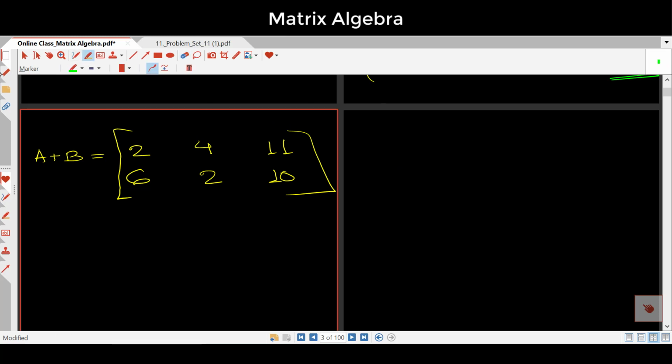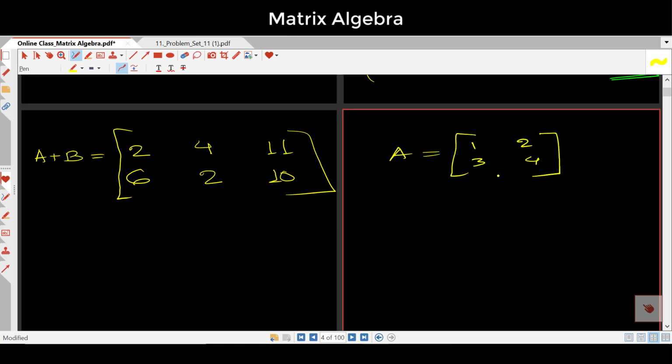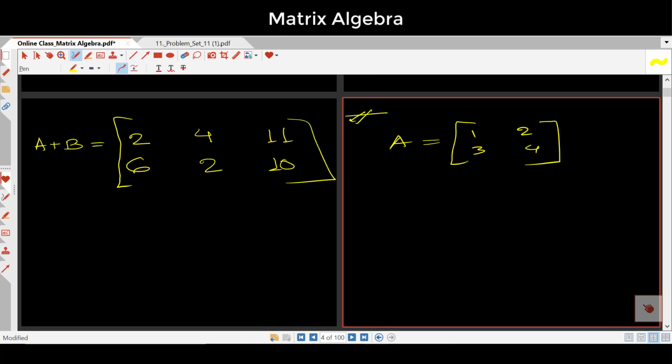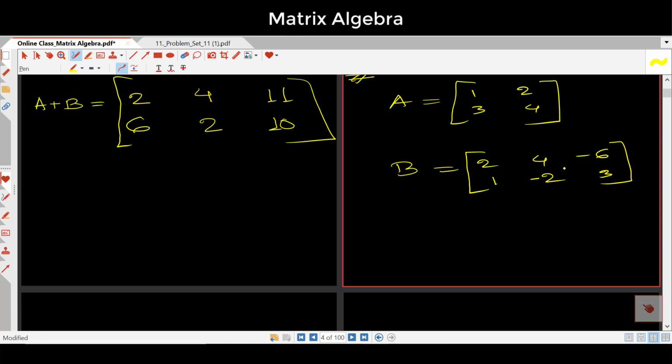Suppose you have A equals 1, 2, 3, 4. So A matrix is given, and suppose we have B matrix, that is 2, 4, minus 6, 1, minus 2, 3. So there are two matrices here.